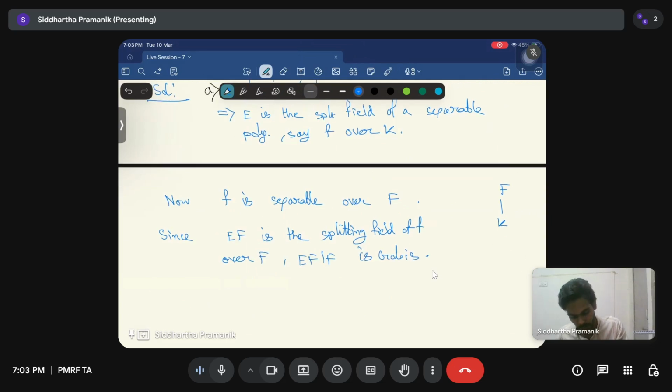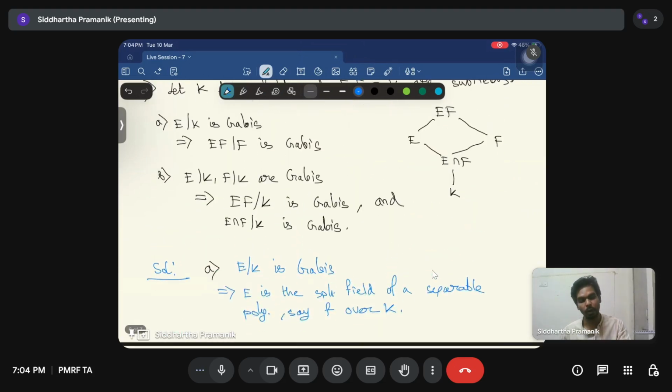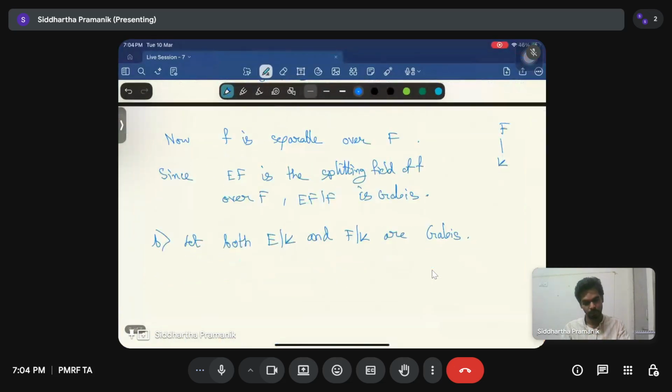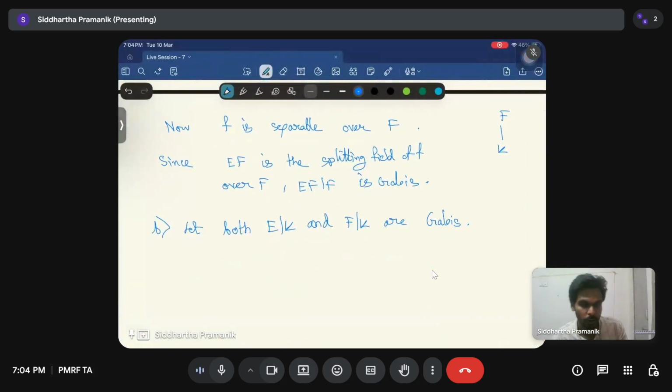Now the second one. Now let both E over K and F over K be Galois. Then we have to prove that the composite and the intersection both are Galois. So one part is also straightforward.